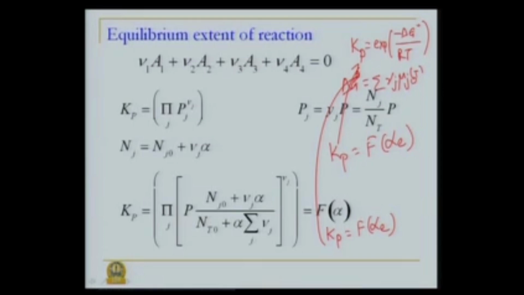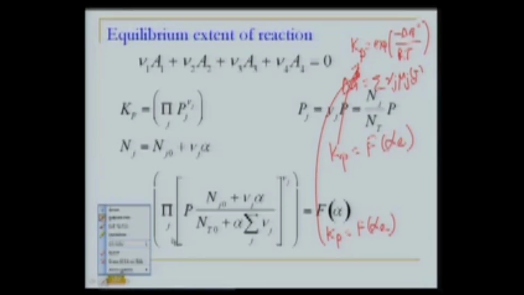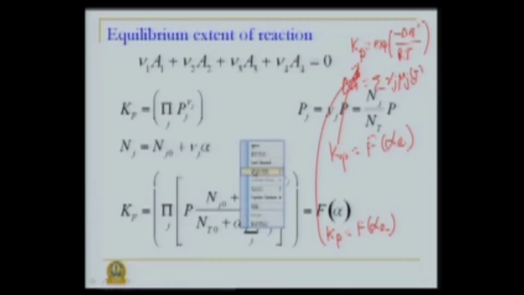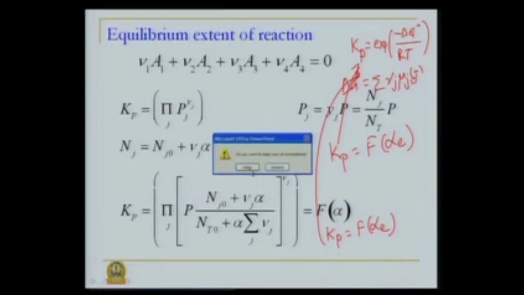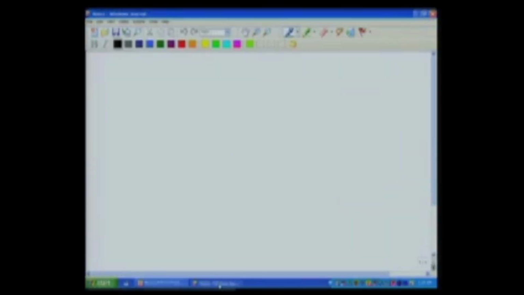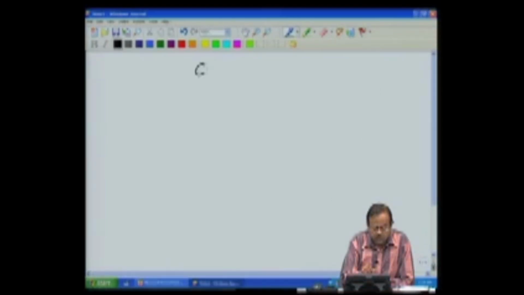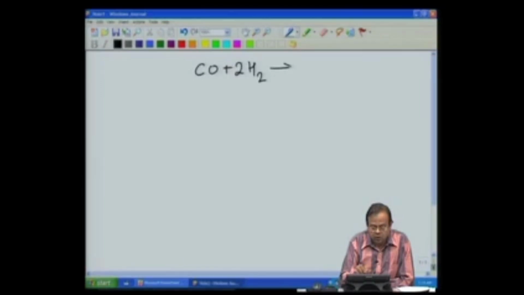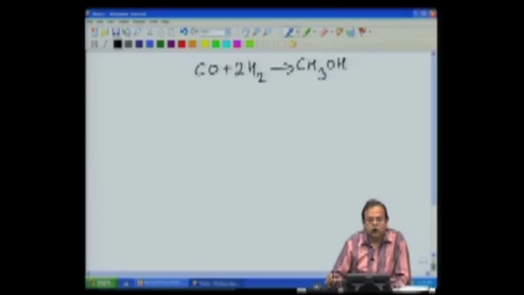Okay. Let's work out a simple example to make this idea clear. Let's consider our example of our carbon monoxide formation. I am going to repeat this whole example. Carbon monoxide plus 2 moles of hydrogen gives rise to 1 mole of methanol.